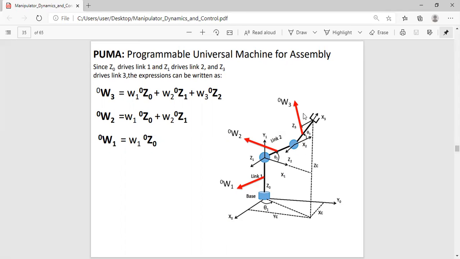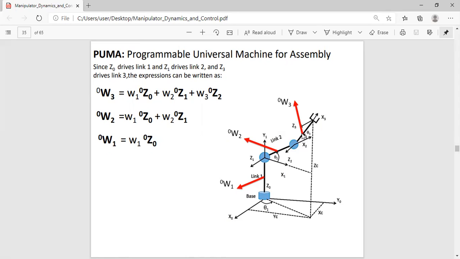What I would like to do now is, I have a link, and I know that I have this angular velocity vector. But how can I get the kinetic energy of it? Well, I know the rotational kinetic energy is equal to 1/2 I omega squared. And what is I?